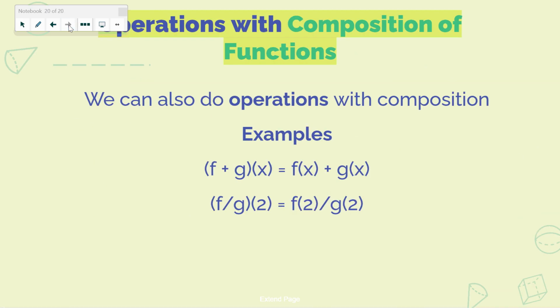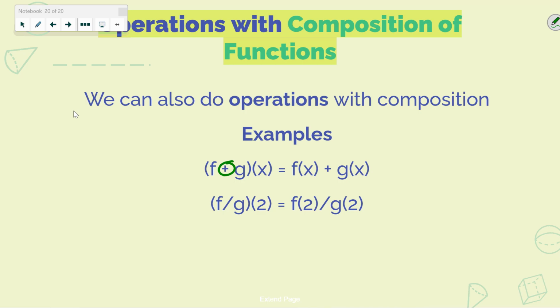So, for your operations, you just look in between your functions to see the operation. So notice here we have f plus g of x, meaning take f of x, add it to g of x, right? Here's my addition symbol. So that just tells me add the two functions together.